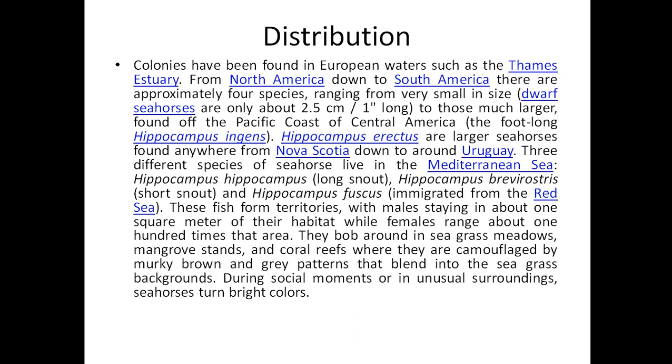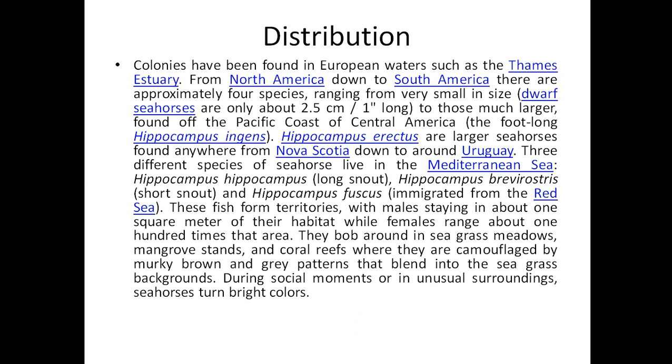This fish is known to guard its territory. Territorial fishes. They form their own territory, almost a 1 square meter habitat, especially the male, whereas the female's territory ranges about 100 times that area.